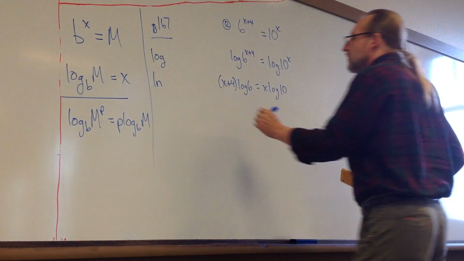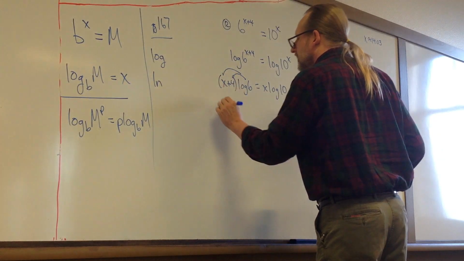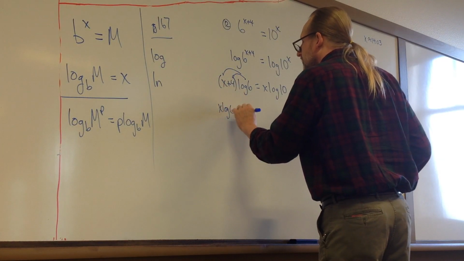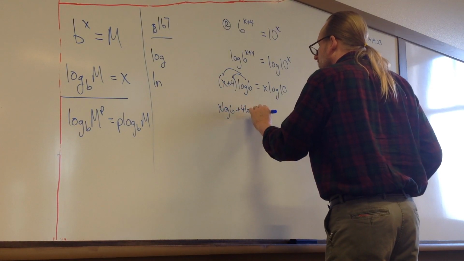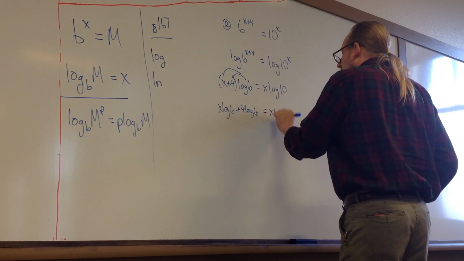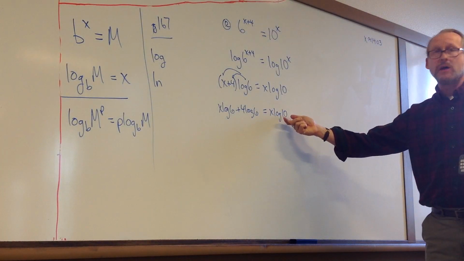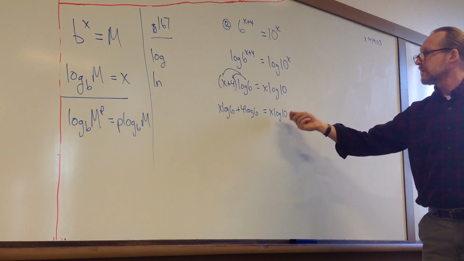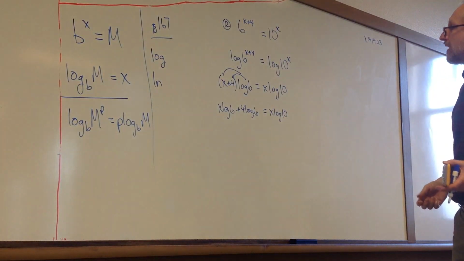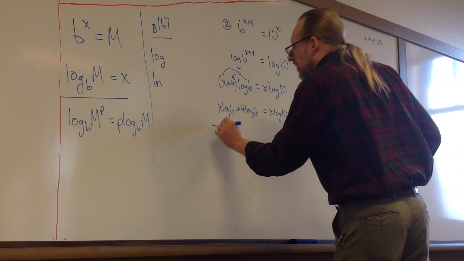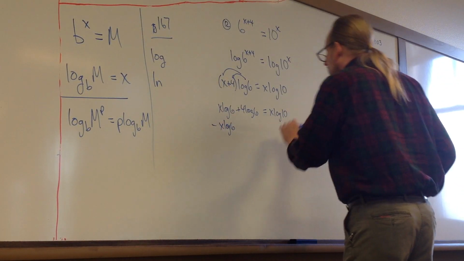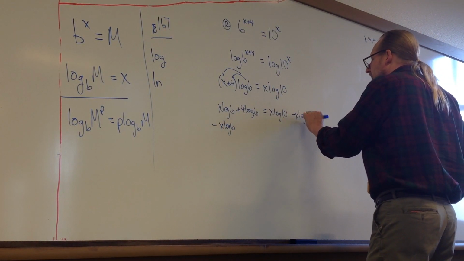All right, so we'll distribute inside here: x log 6 plus 4 log 6 equals x log 10. Now you could replace this with a 1 if you wanted to, because log 10 is equal to 1. We saw that when we approximated it. But if we hold on to it, we're going to do the same thing.